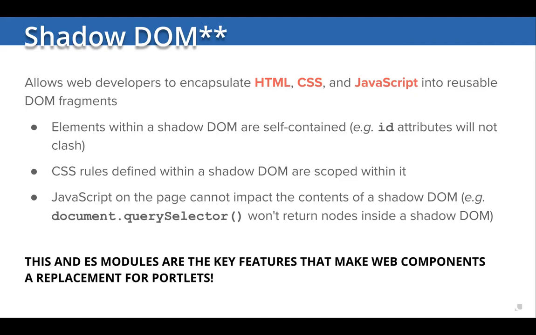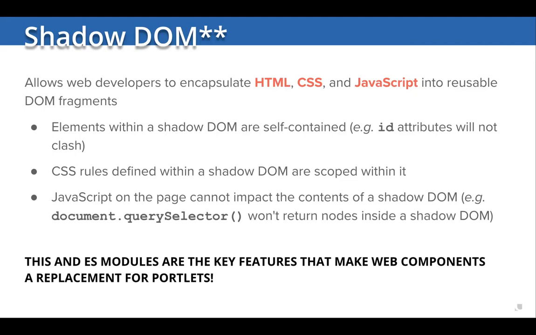So with Shadow DOM, and this is a feature you can turn on and off, anything defined inside of your web component can be isolated so that you have your own styling, your own JavaScript, your own templates, and nobody else sees them.